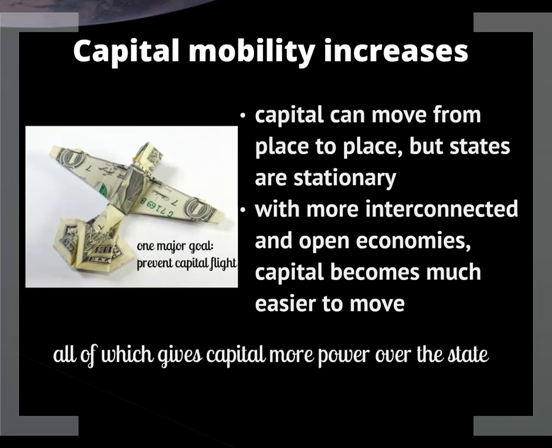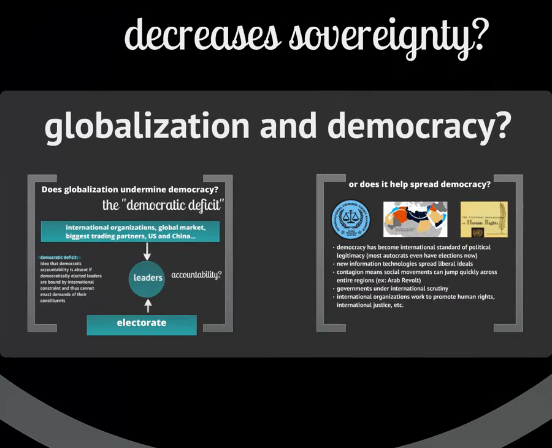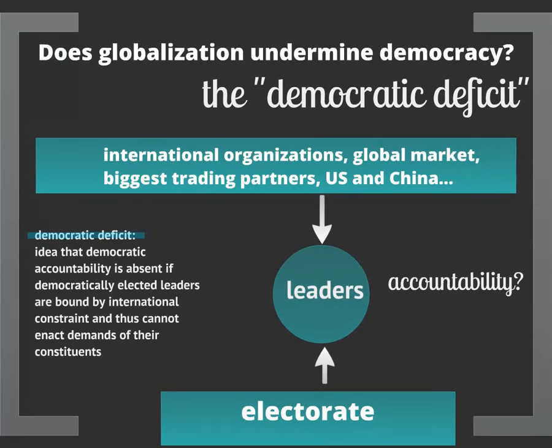A related question is whether globalization undermines democratic accountability. The term the democratic deficit has become rather popular in recent years. The democratic deficit is a situation in which democratic leaders, who are obviously elected by their state citizens and put in power to follow the will of the people in their state, must often listen to international and market forces instead of their constituents.